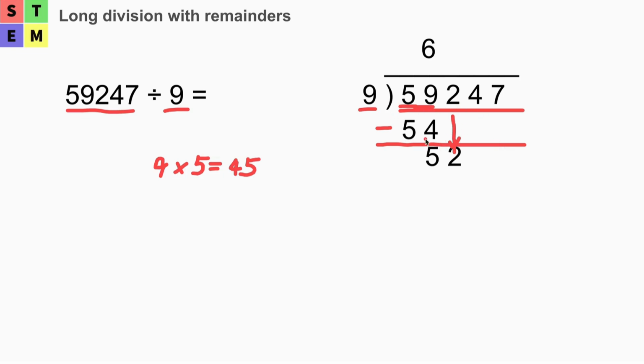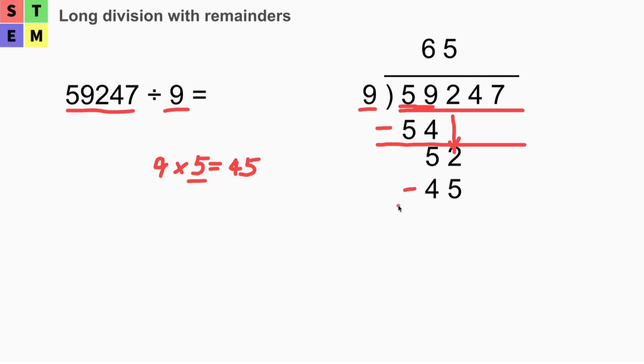So again, how many times does 9 go into there? We already know here that 9 times 6 equals 54, so that won't be the number. In this case, 5 is the perfect number here. So that will be 5, and 9 times 5 equals 45 here.